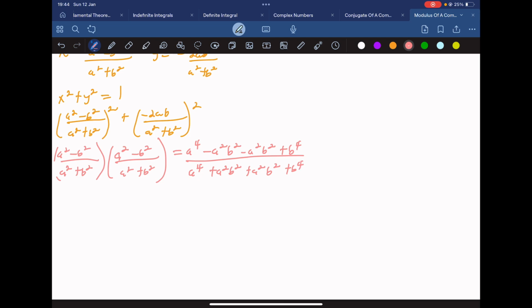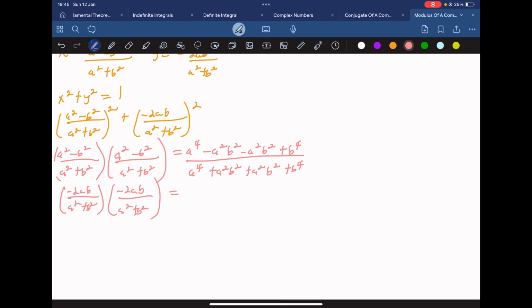So now let us see if we are going to get the same thing for the other part. Okay, let's simplify this first. So the next one is we have minus 2ab squared, so we are writing it twice. So we have another minus 2ab, then a squared plus b squared.